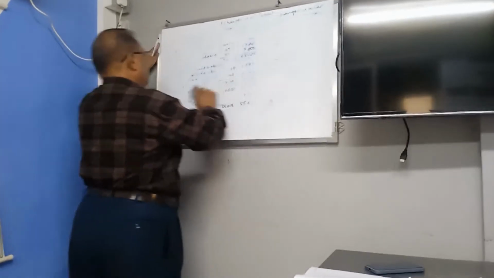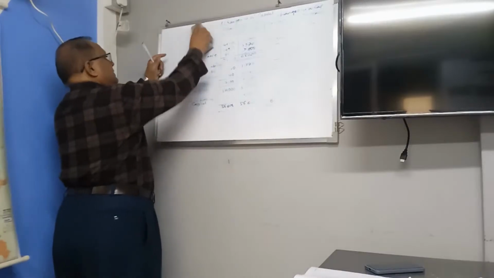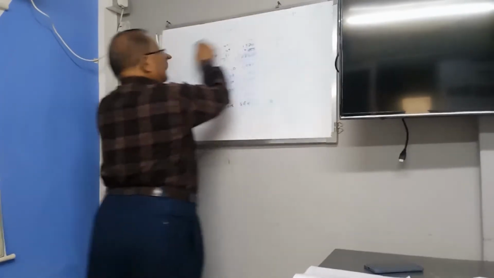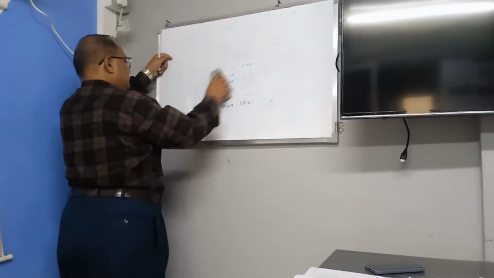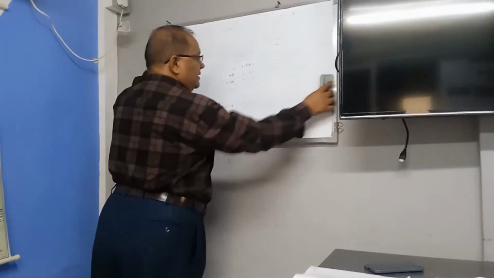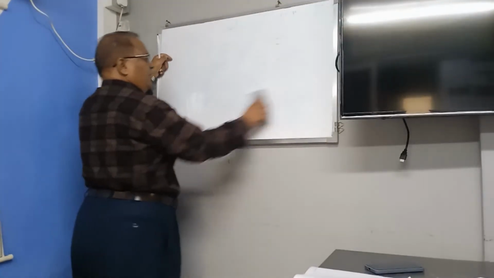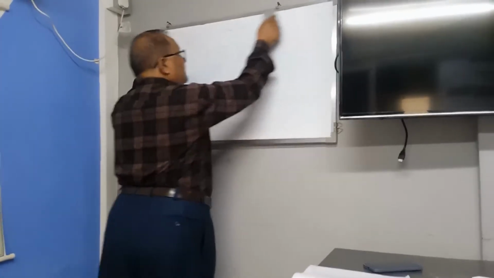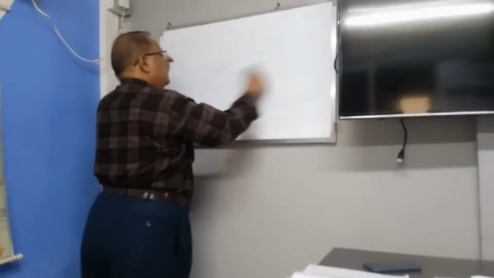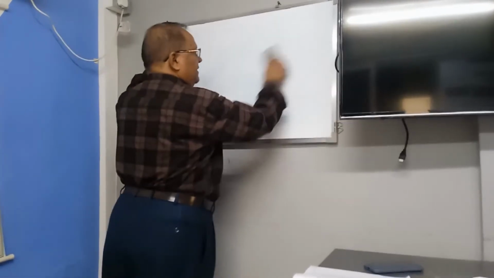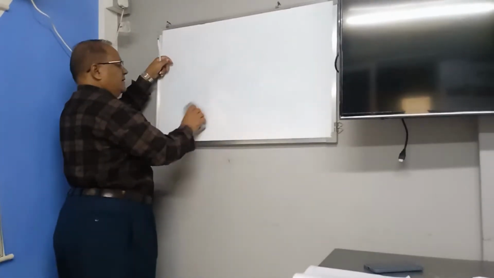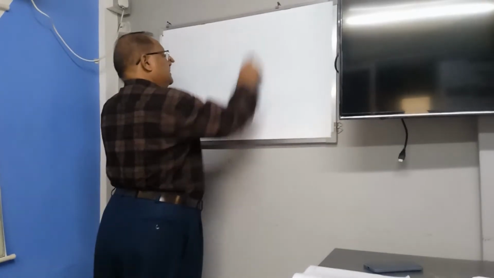Because this is a required figure, the adjusted profit and loss account is prepared for ascertainment of funds from operation. For ascertaining funds from operation, we have to prepare the adjusted profit and loss account.